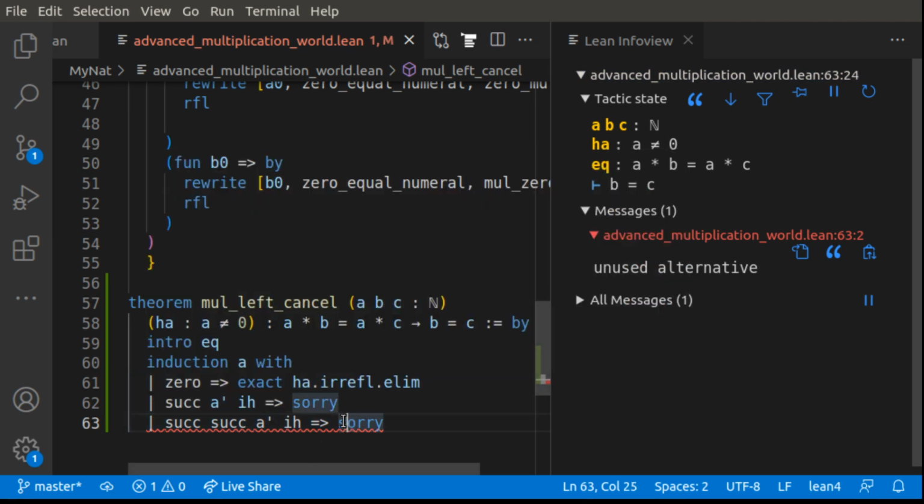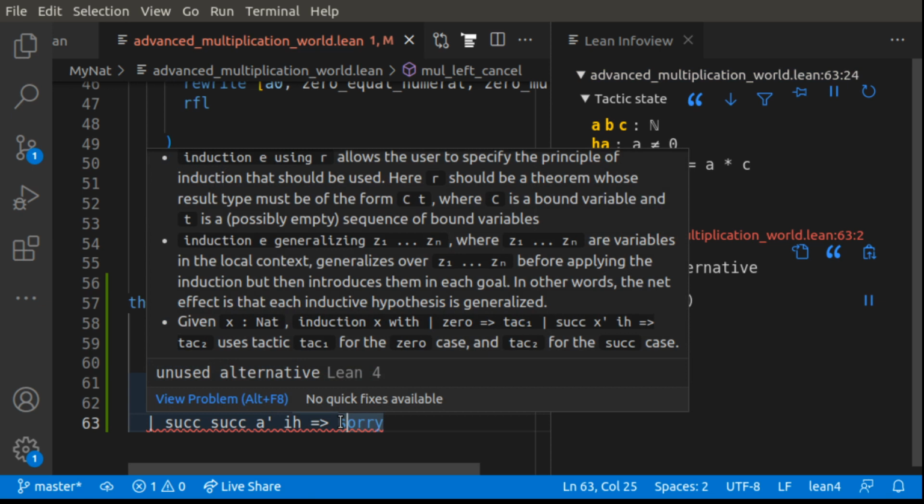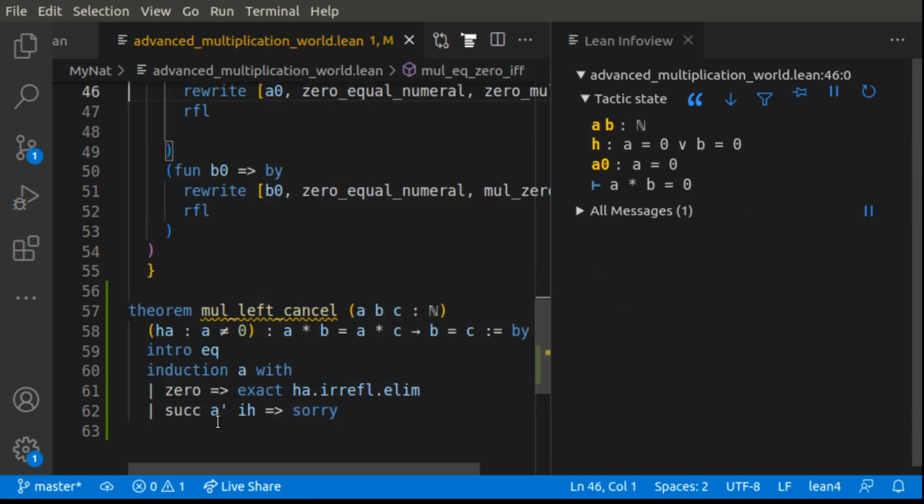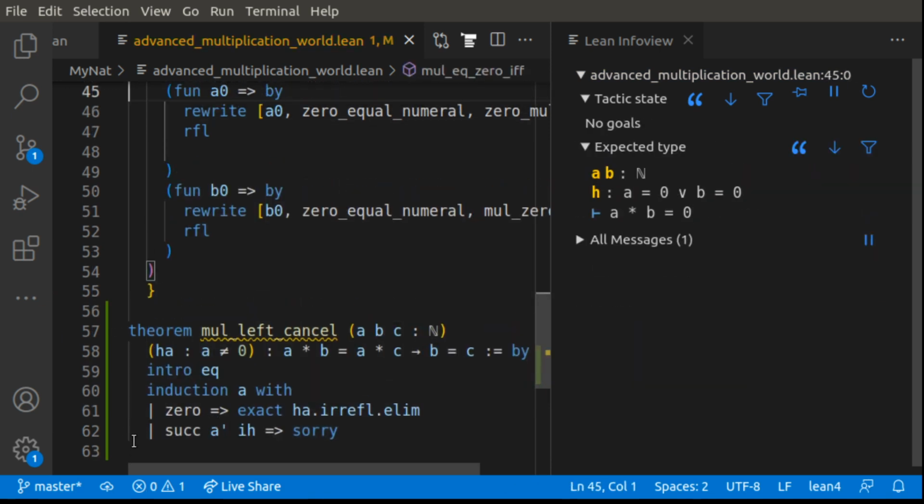Oh, can we go like this? Is this actually valid?